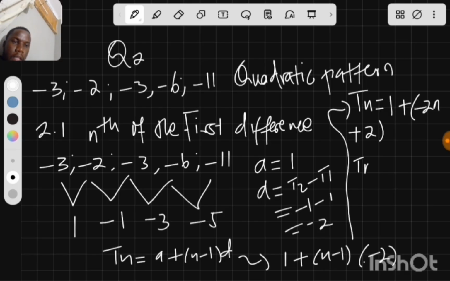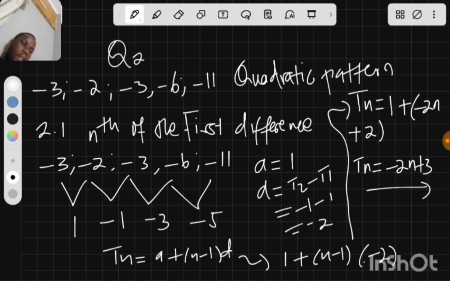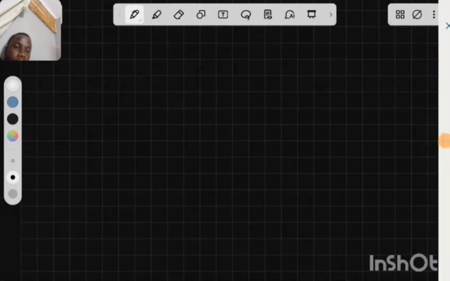Then our tn will be minus 2n plus 3. I hope you understand. Then jump to the next question.